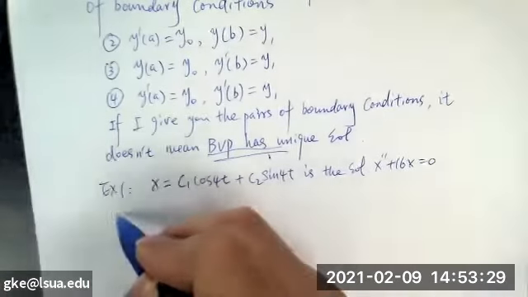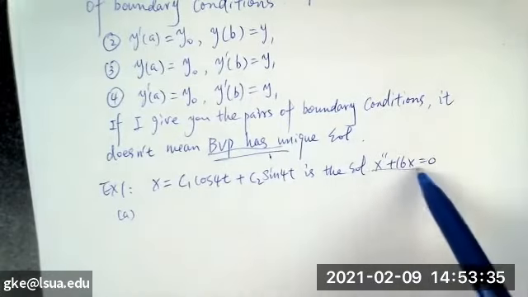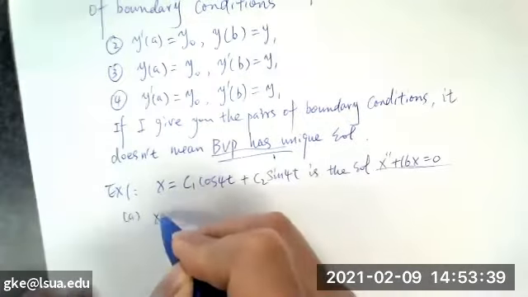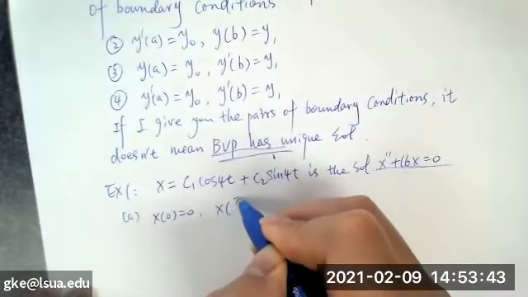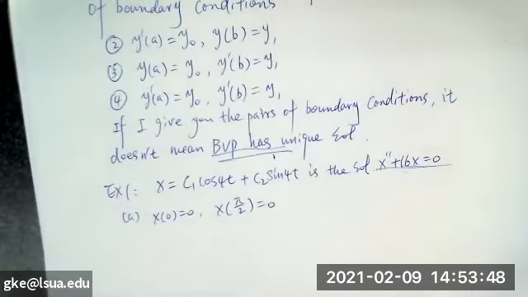Now, I give you two boundary conditions for this guy. The first boundary condition is x(0) equals 0 and x(pi over 2) equals 0.